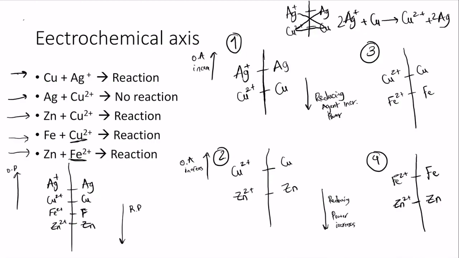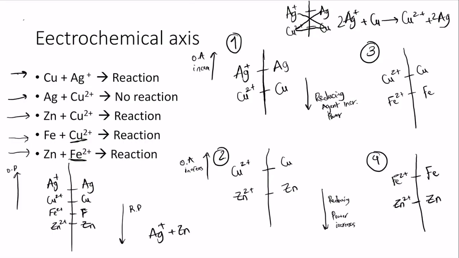Now I have a question. There is a misconception that Ag cannot react with Zn. Yes, Ag+ can react with Zn. You should always think about a stronger oxidizing power with a stronger reducing power. Ag+ has a stronger oxidizing power than Zn2+, and Zn has a stronger reducing power than Ag.